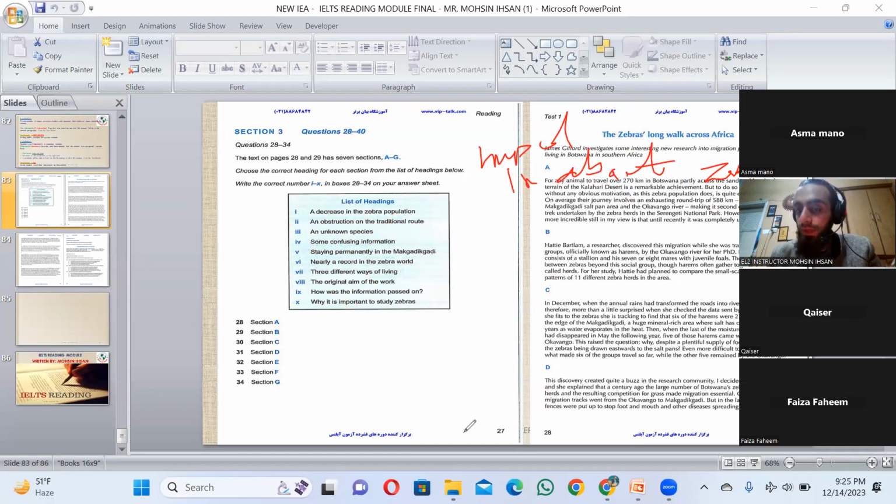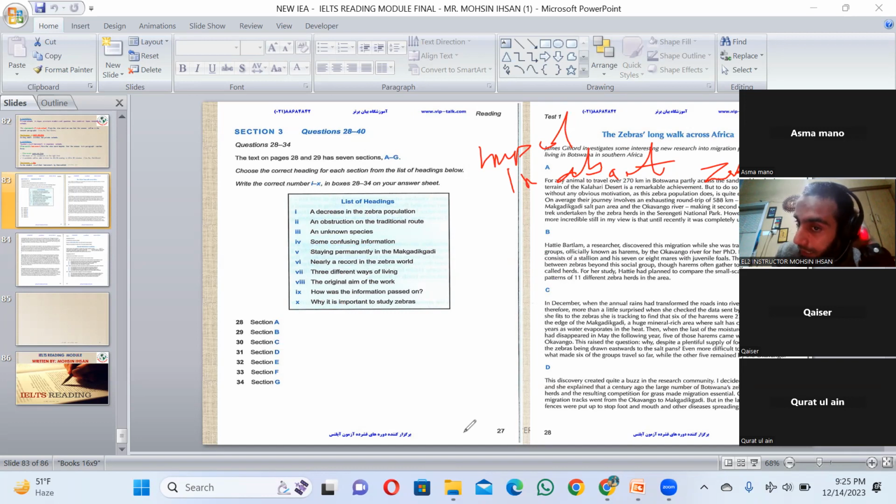Or you can say experiment or the work on zebra traveling, how zebra travels within no time. Now, zebra traveling, zebra long walk, zebra crossing different places. Now, overall history of zebra. Now, these points I'm giving.